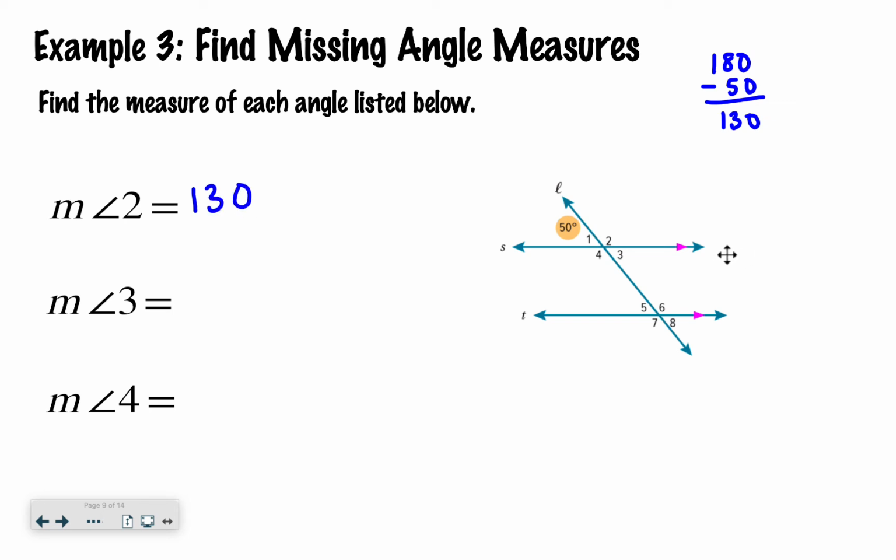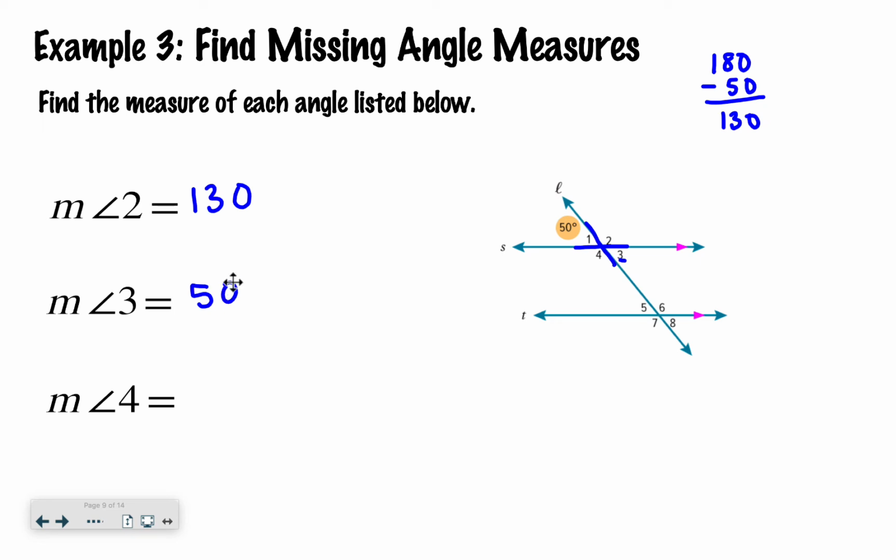Okay. And then going from there, angle 3. Pulling from, I think it was two lessons ago now, we learned about something called vertical angles, where when you have something that forms an X, the angles on opposite sides of the X are equal. So angle 1 and angle 3 would be the same.